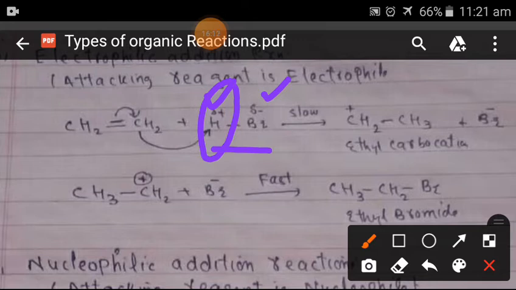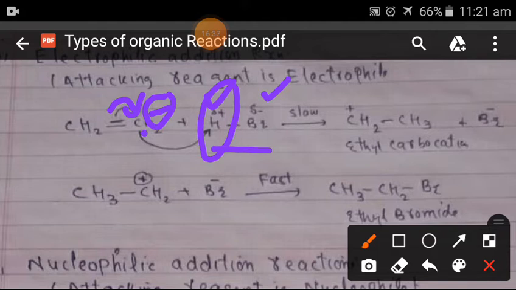But what will you see? You are seeing the direction of the arrow is different, because across the double bond the pi bond will shift toward this carbon, as a result of which this carbon becomes electron rich. Due to the electron richness, the electrophile will attack at this carbon.